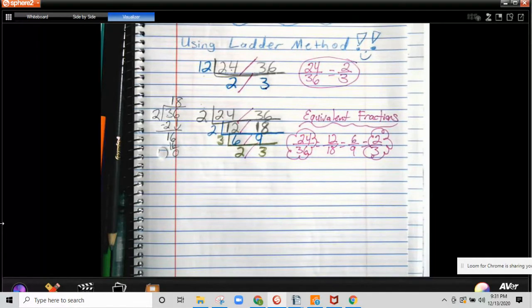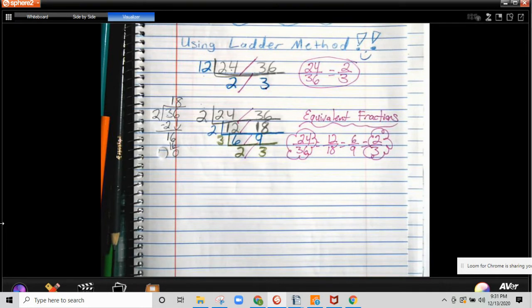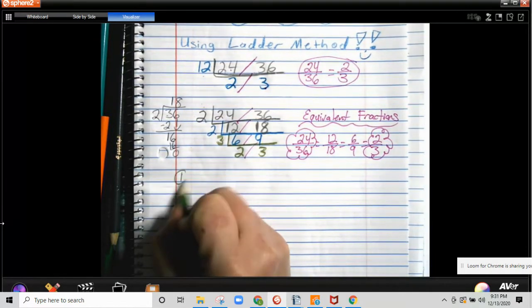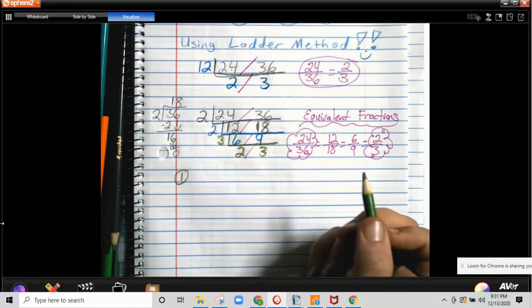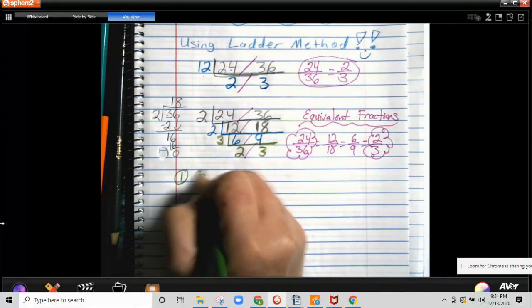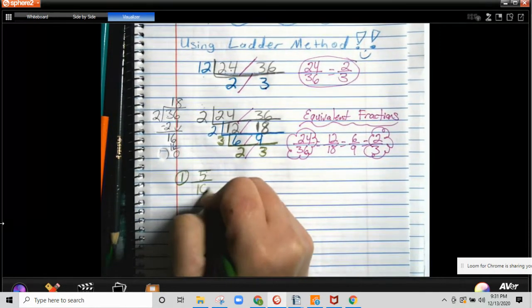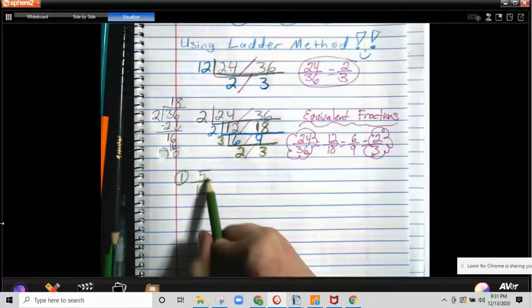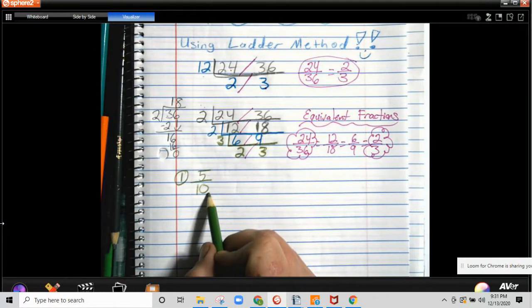All right, so another way I want to show you simplest form is kind of what I do most of the time. So if I have 5/10, then I'm going to think to myself, hey, 5/10, there's a relationship in that number.